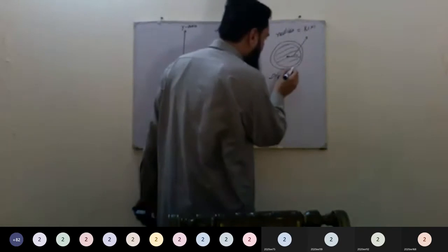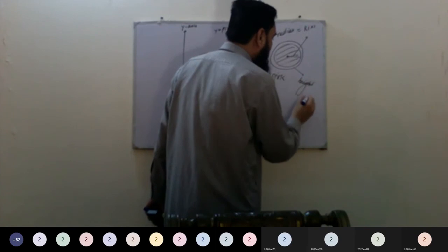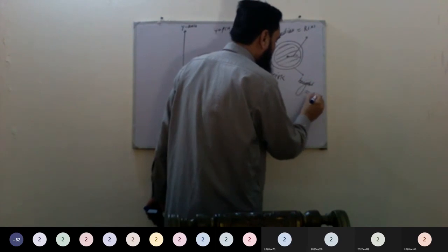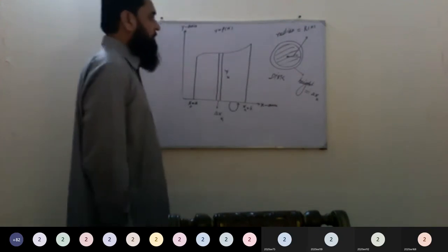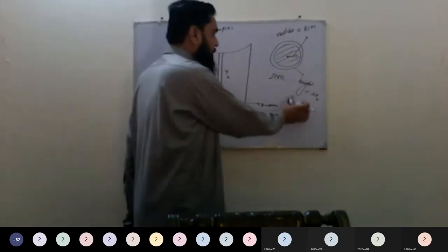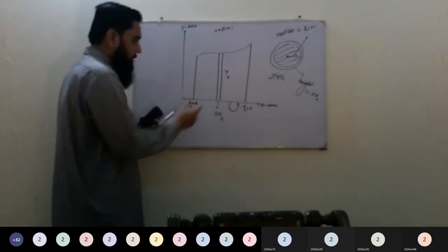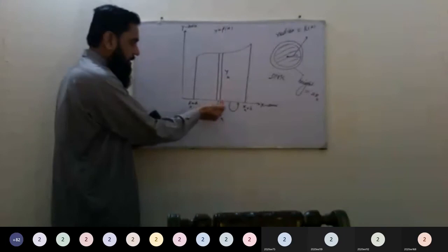The height of that one is delta xk for the kth vertical strip.